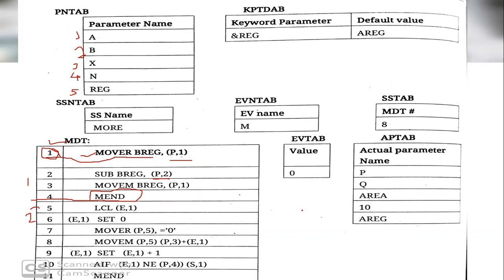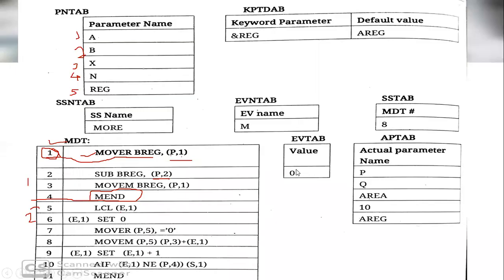Okay, this is nothing but the example and the corresponding data structures which is designed at the time of macro pre-processing. Okay, we can conclude our first example, that is how macro definition, or how that particular macro preprocessor designer or macro preprocessor can generate all these things.